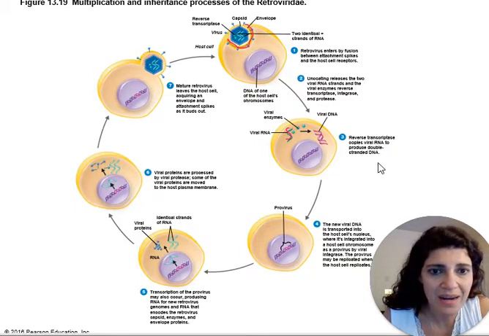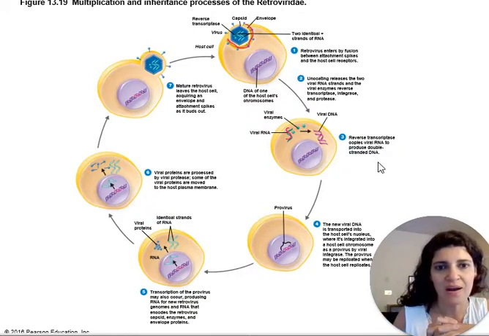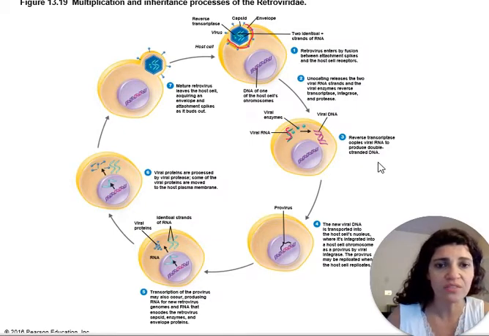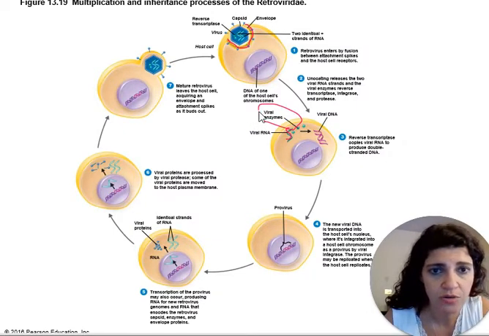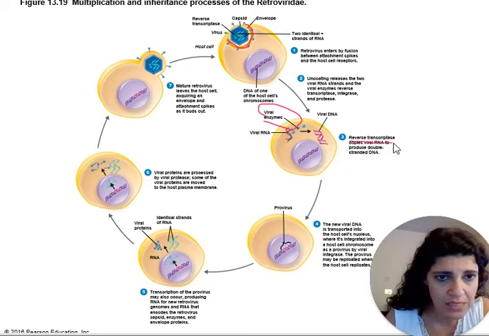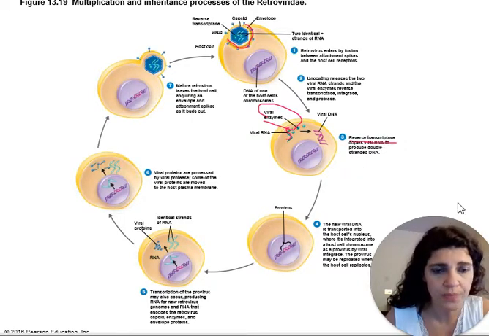Remember that usually in HIV, it's two identical copies of the same RNA. That's what the genetic material of the virus is. And then that's going to be packed with viral enzymes, right? This virus comes with enzymes. Which enzyme? This enzyme, reverse transcriptase.